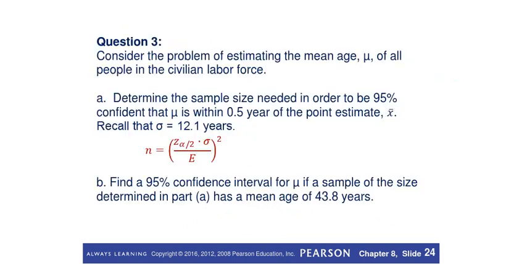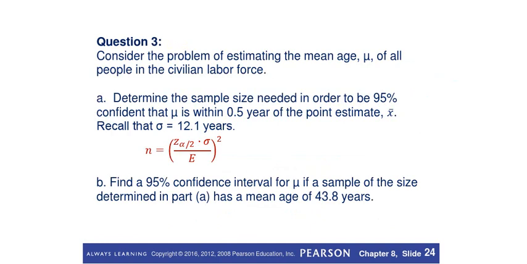And as an example, let's consider estimating our mean age for our population civilian labor force. And let's say we want to determine the sample size needed to have a 95% confidence interval that the population mean is within 1/2 a year of the point estimate. In other words, we want to get really, really accurate. How large a sample do we need to get to be within 1/2 a year of the actual population mean?